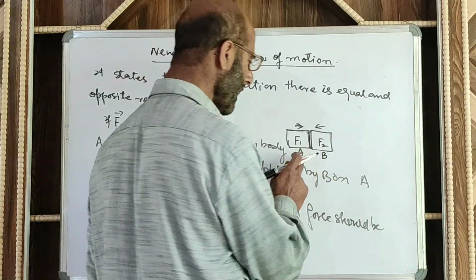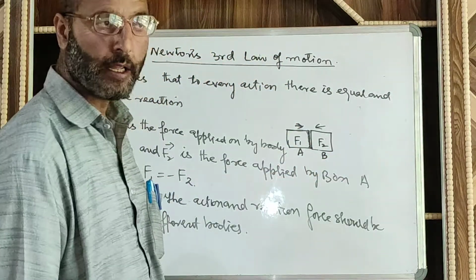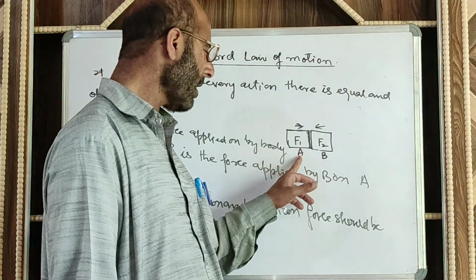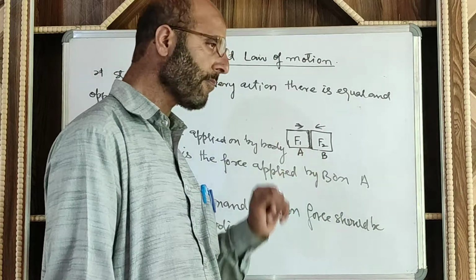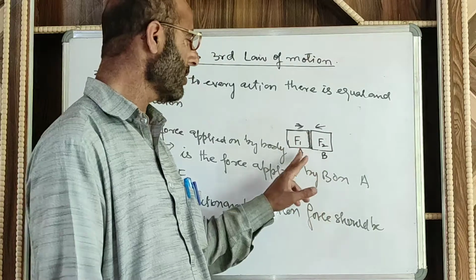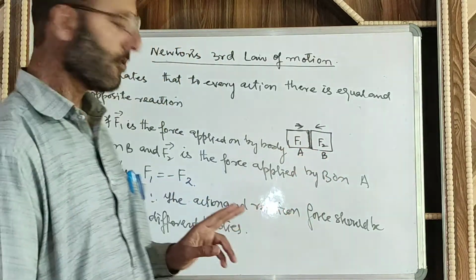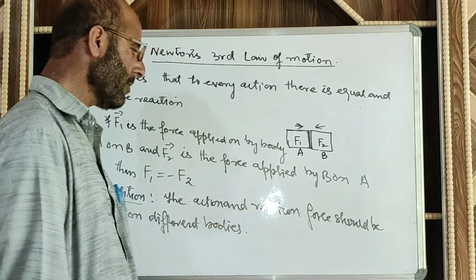So A applies force on B and B in turn applies force on A. So these forces are different, that is why we say the forces should be on different bodies.